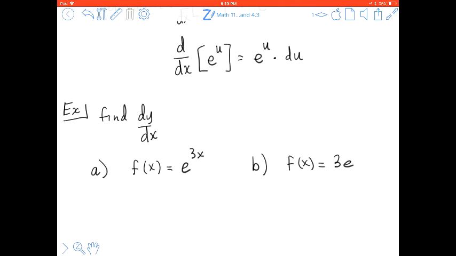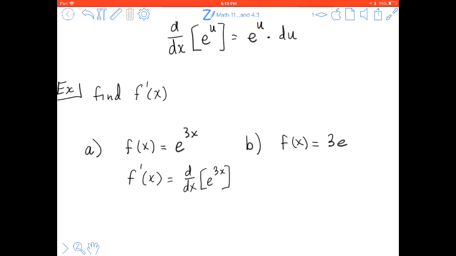Actually my notations aren't matching, so let me do a quick fix. Let's stick with function notation. Let's find f prime of x. So f prime of x is the derivative of e to the 3x.